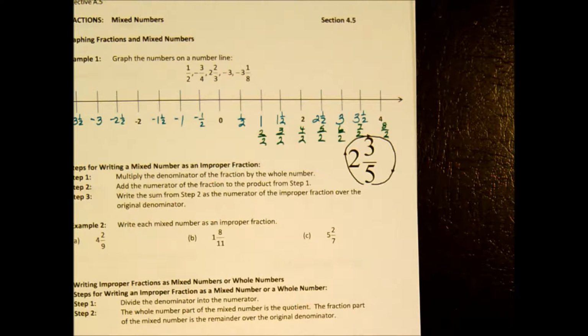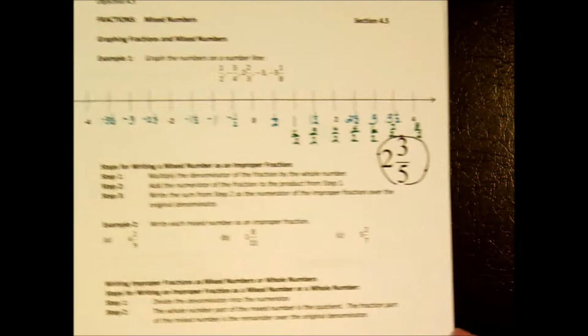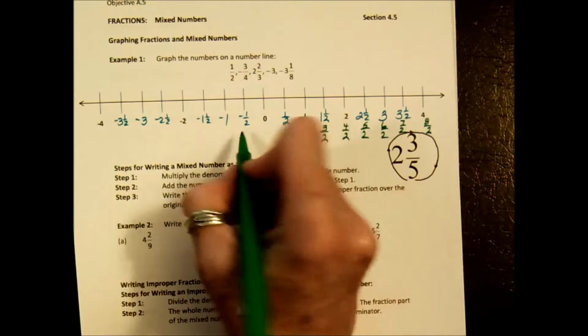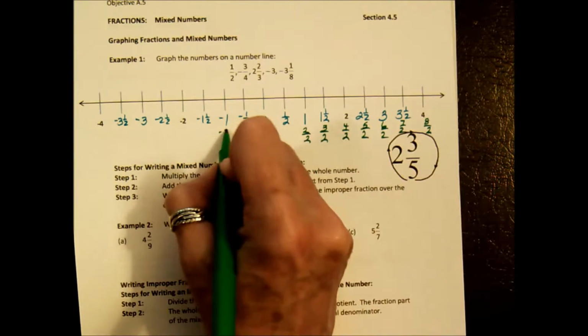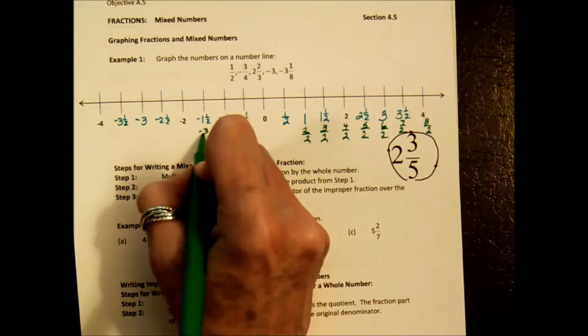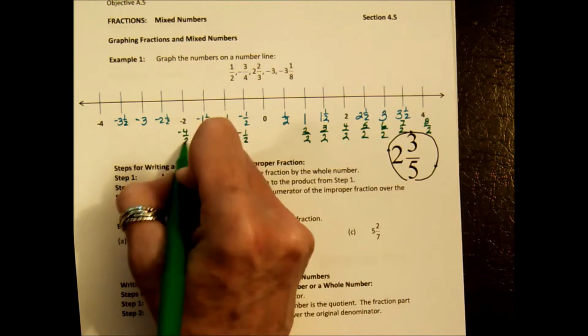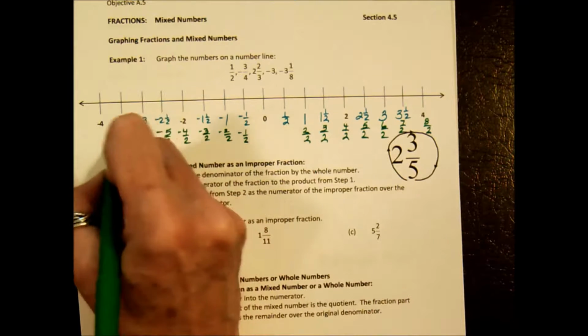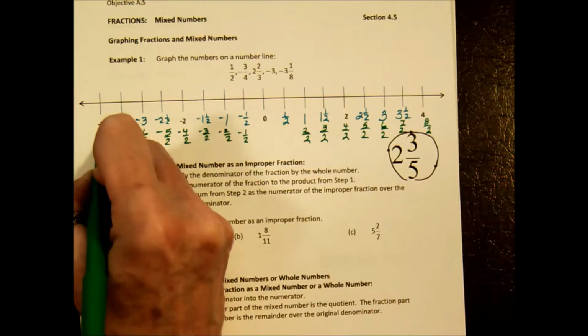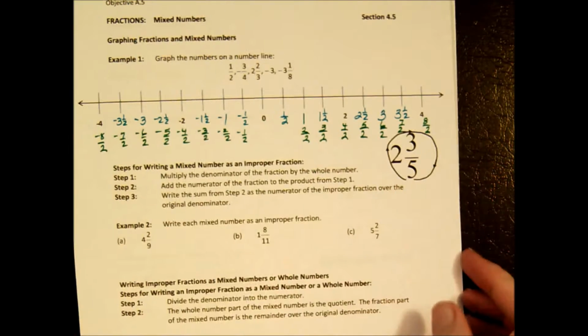So those are equivalent to the way we wrote them before. This would be -1/2, -2 halves, -3 halves, -4 halves, -5 halves, -6 halves, -7 halves, and -8 halves.